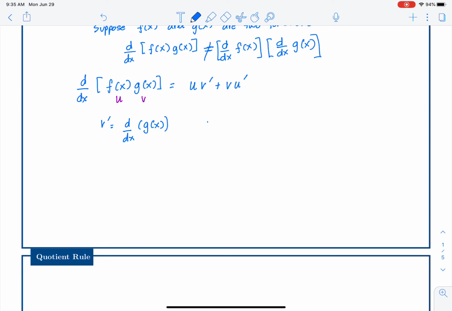And this simple rule is what we call the product rule. Now, what if we have multiple functions?